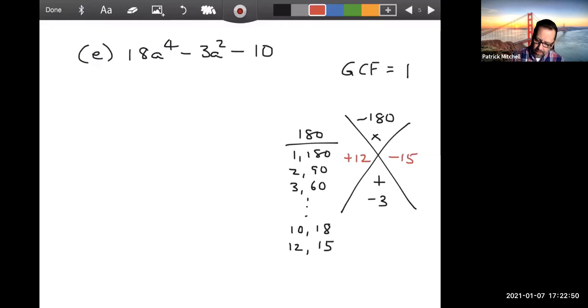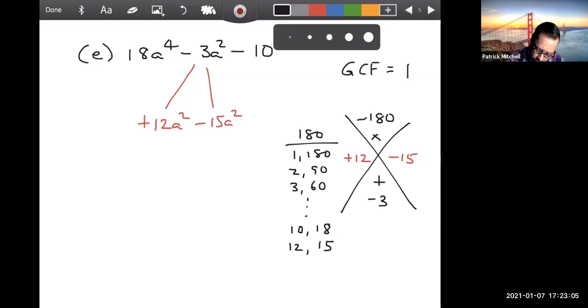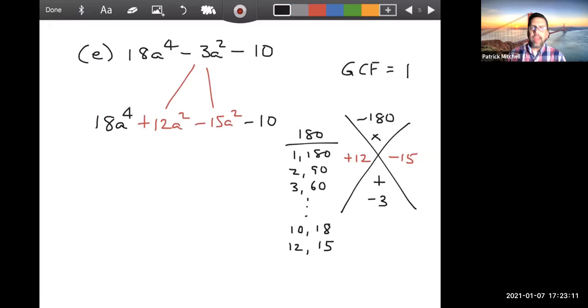All right. So I'm going to take this -3a squared and split it into plus 12a squared minus 15a squared. I am going to keep the 18a to the 4th and the -10. And now I'm going to factor by grouping. So what can I pull out of 18a to the 4th plus 12a squared?